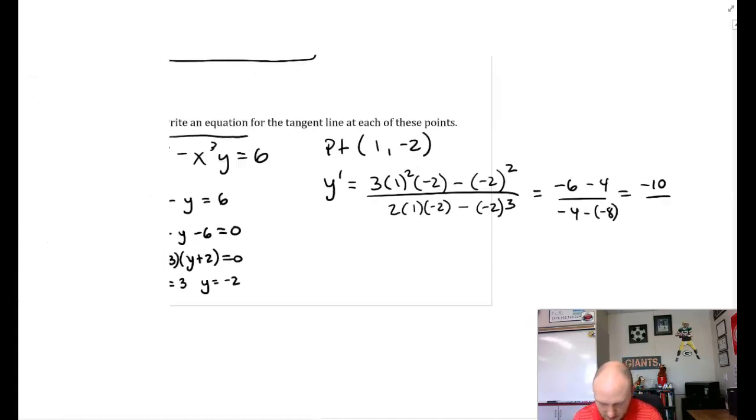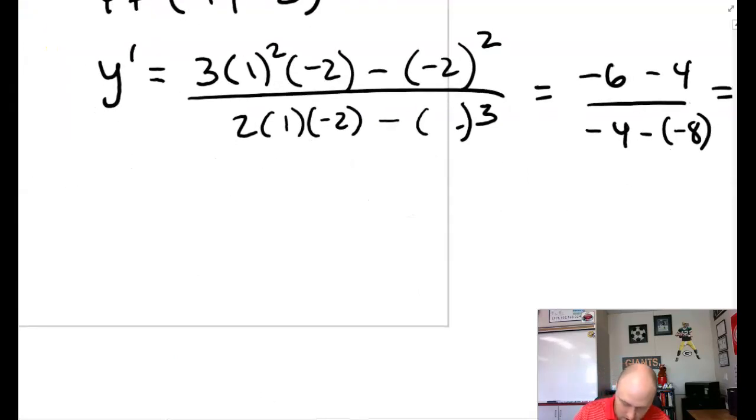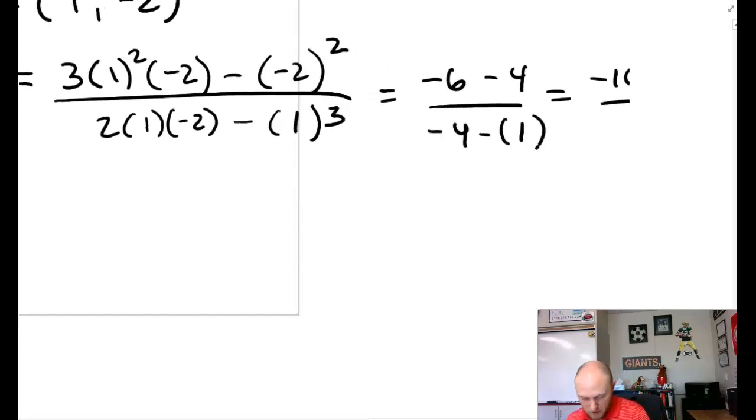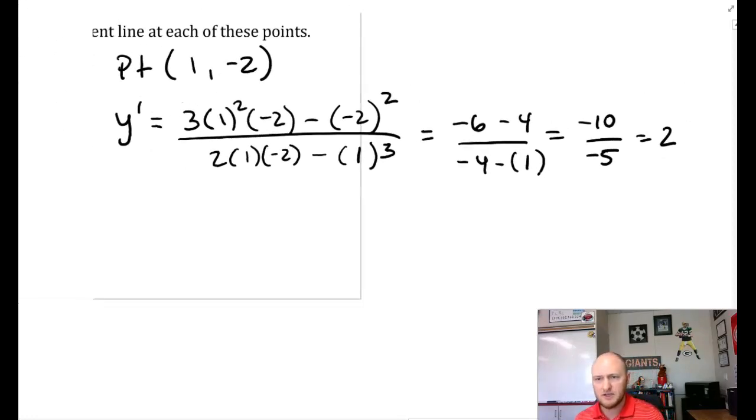Oh no, this is x cubed right here, so x goes there. That's 1, which is 1. So negative 4 minus 1, which would give us negative 5. Okay, so negative 10 over negative 5 is 2, and our slope is 2.